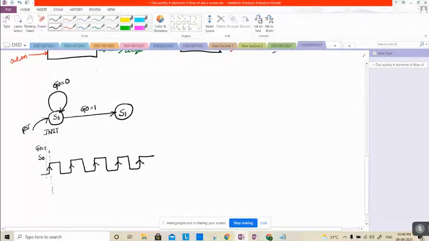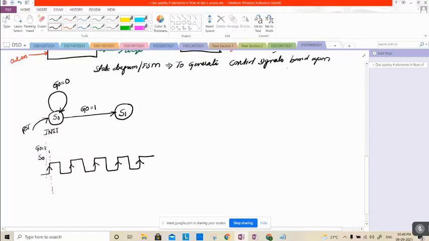So the purpose of this state diagram or FSM is to generate control signals based upon data path requirements.